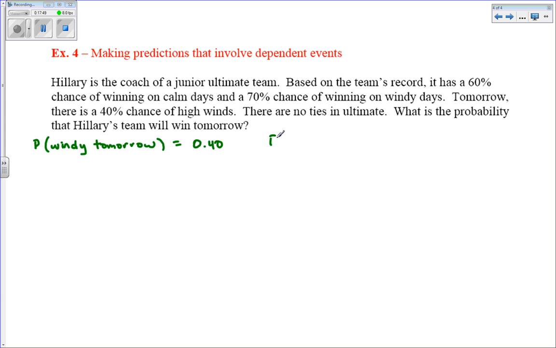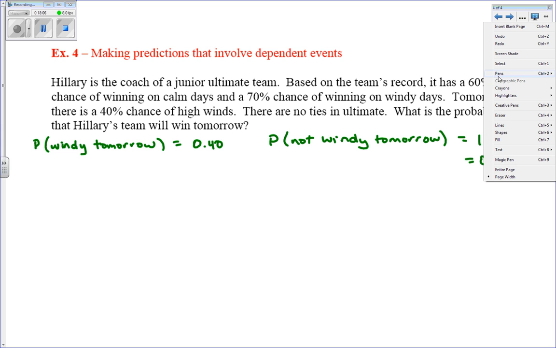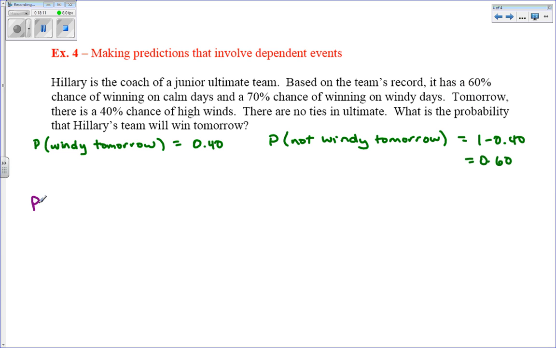So the probability that it's not windy tomorrow is the complement of that. So it's 1 minus 0.40, which is 0.60. The probability of a win, given that it's windy, is 0.7.